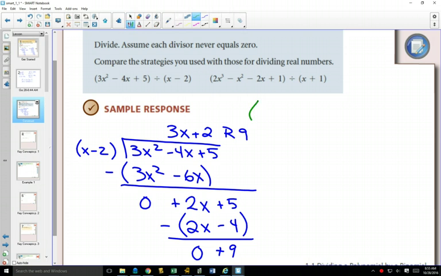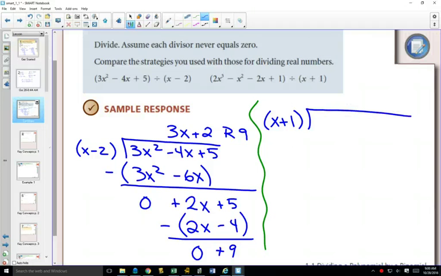Okay, this one is for you to try. You try the second one. 2x cubed minus x squared minus 2x plus 1. So when we look at our biggest term, which is the 2x cubed, what can we multiply to get a 2x cubed? 2x squared.